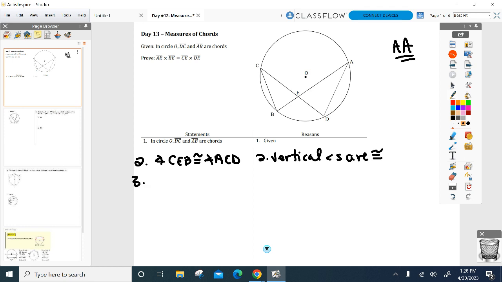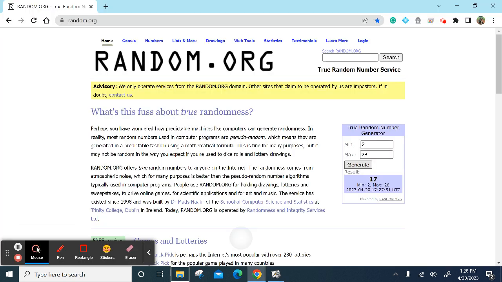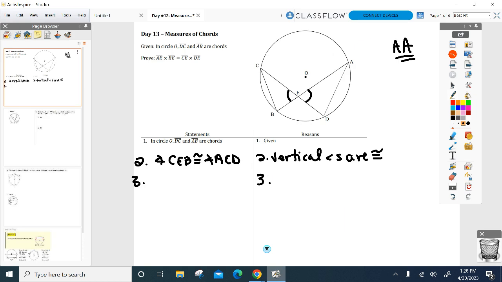Now the second pair is going to be a circle fact. And hopefully it's still fresh in your mind from yesterday's quiz. The next pair I'm going to get comes from a circle fact. Give me another pair that's congruent up here.